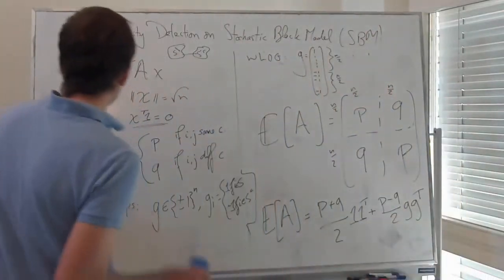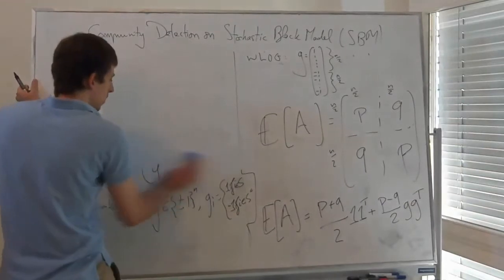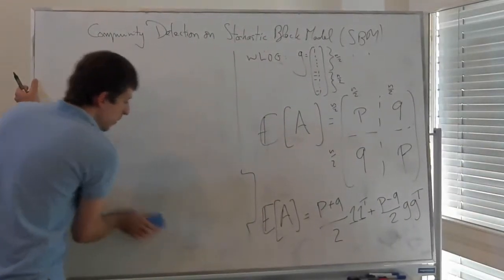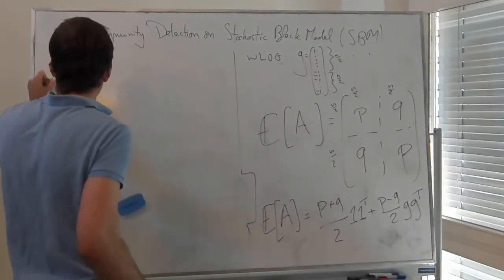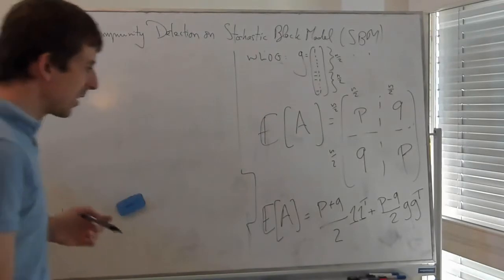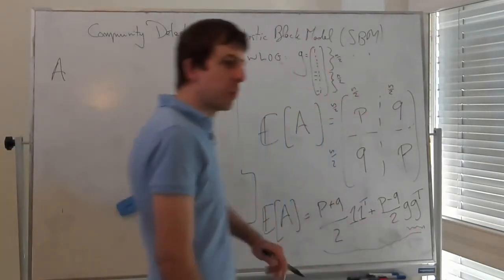So now we can think of A as sort of signal plus noise. The signal here clearly is its expectation. In particular, G G transpose is what we want to find.